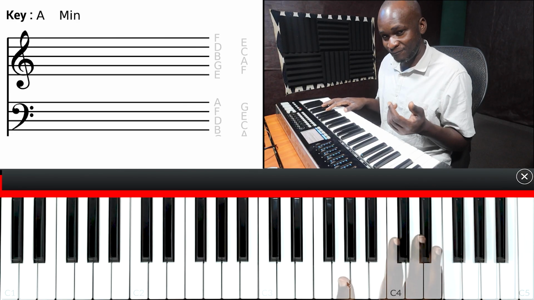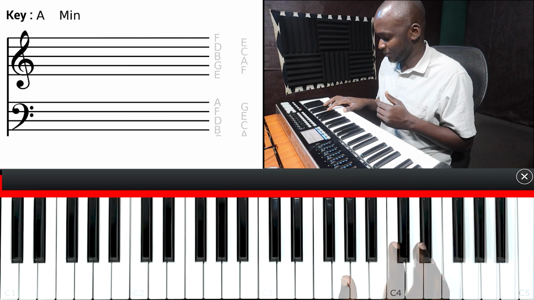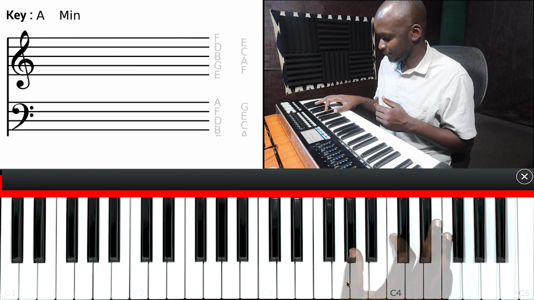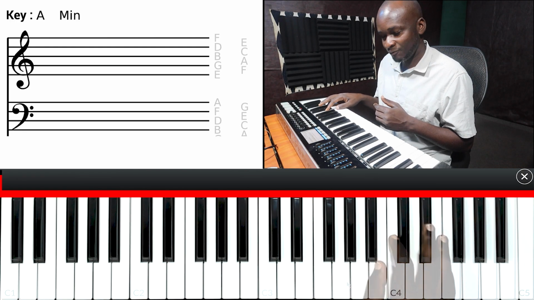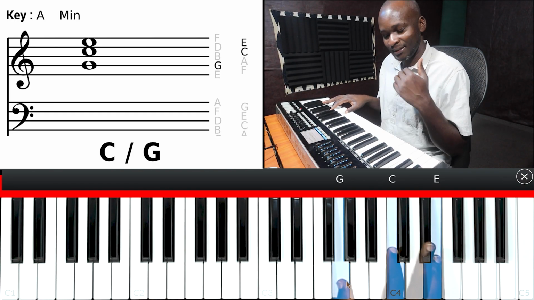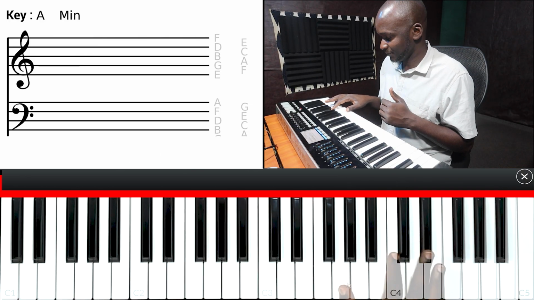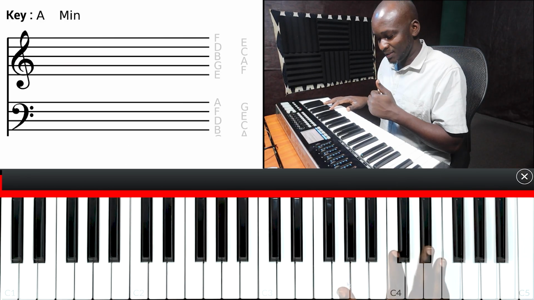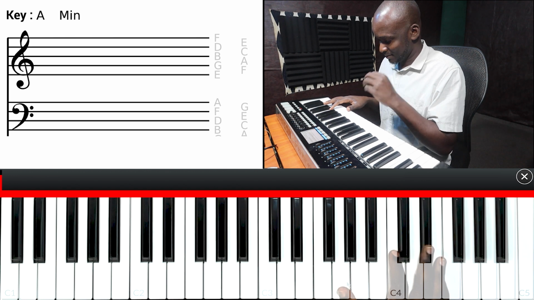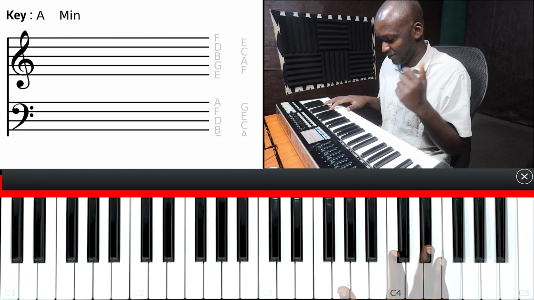But between the first and second note, we have a perfect fourth, which is 5 semitones: 0, 1, 2, 3, 4, 5. So this one can be quickly labeled 6, 4. That's the second inversion.